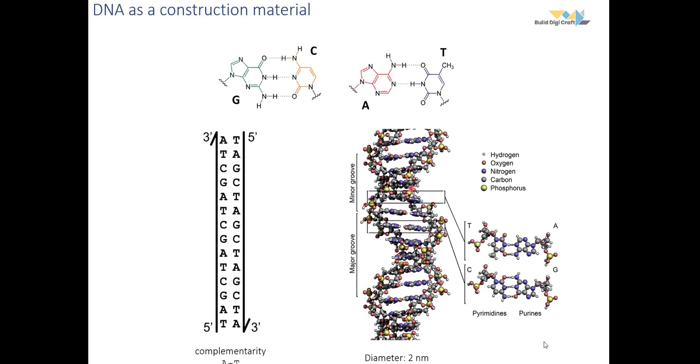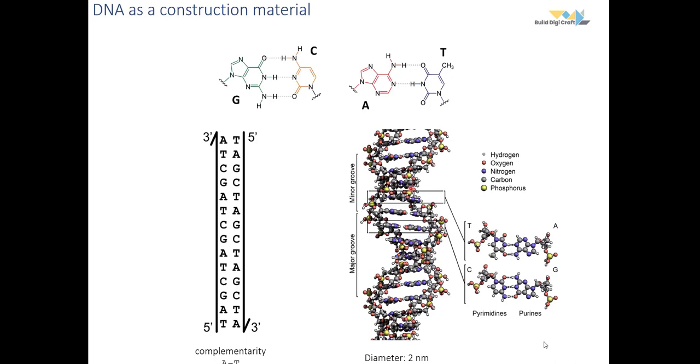So DNA has a number of very useful material properties. First of all, you can synthesize DNA of desired length and desired sequence. This is not trivial with other polymers. You can cut DNA at desired places and join it together just using the biotechnology toolbox.